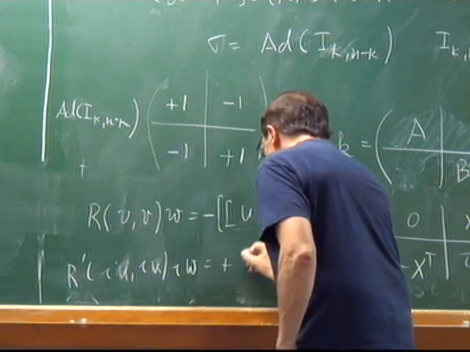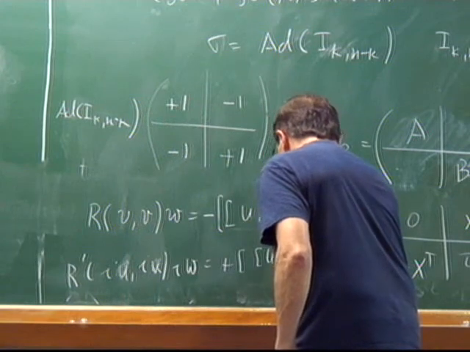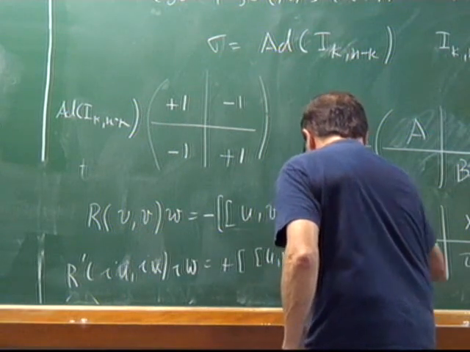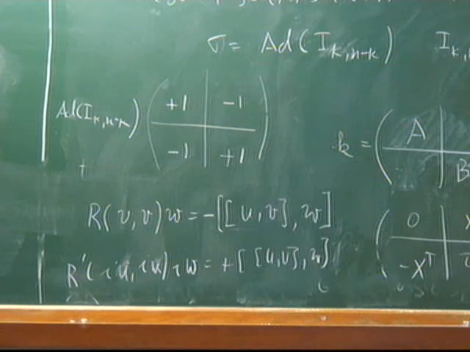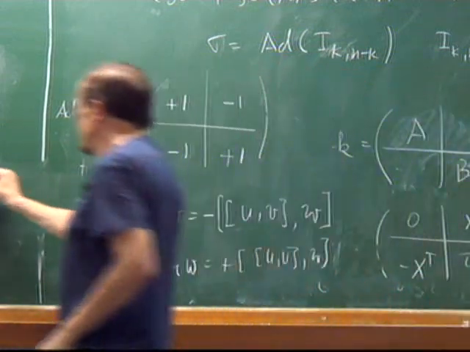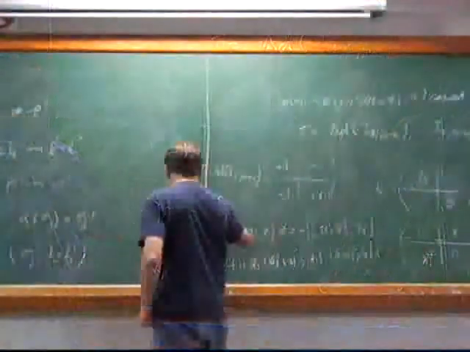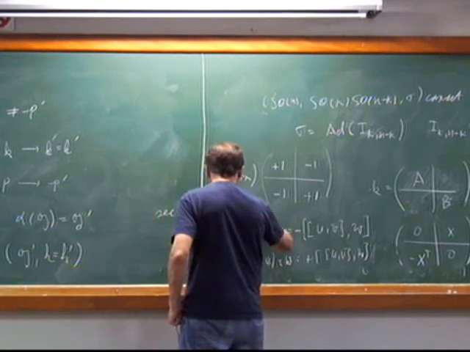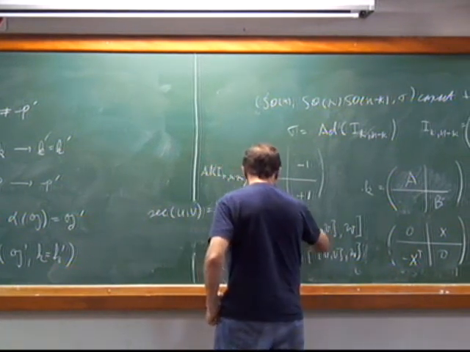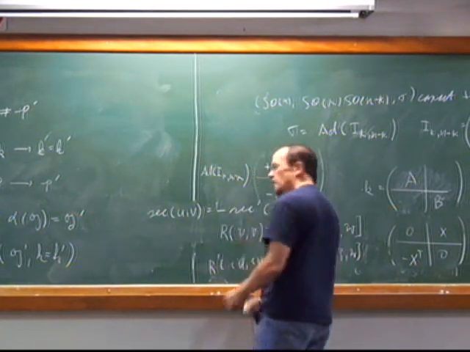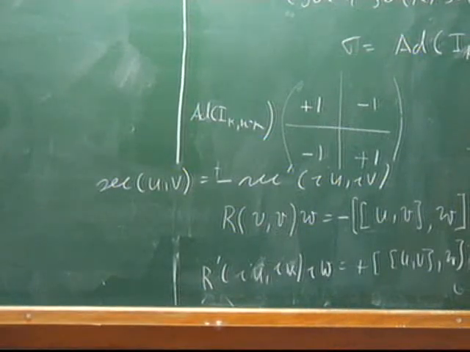Well, that's plus the Lie bracket of U, V, W. So the curvature tends to be the same, it just changes the sign. Particularly if I think of the sectional curvature of a two-plane spanned by U and V, that's minus the sectional curvature prime spanned by IU, IV in the dual pair. The curvature just changes by sign. So also the geometry is very, very similar between a symmetric space and its dual.